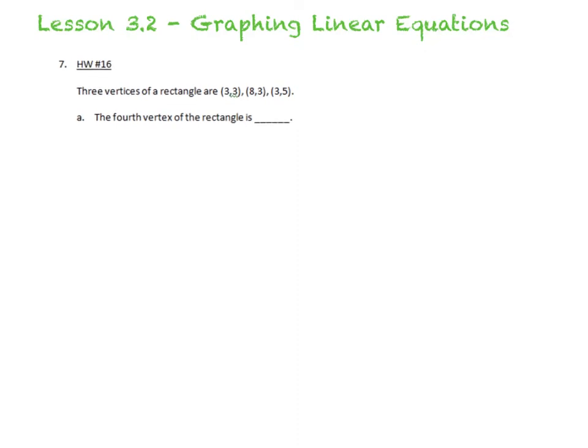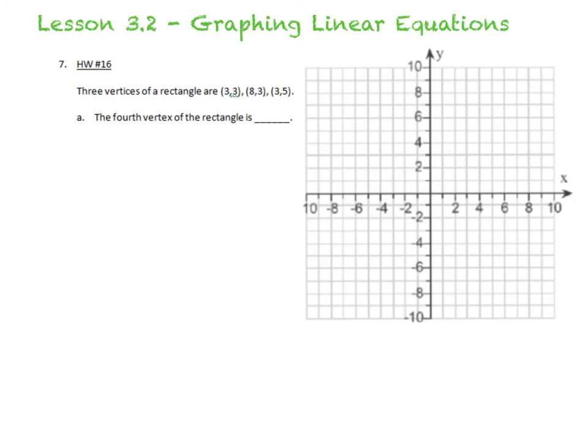It says 3 vertices of a rectangle are (3, 3), (8, 3), and (3, 5). The fourth vertex of the rectangle is. So we need to plot these points, and after you plot these 3 points, it should be easy. So the first point, (3, 3), is right there. (8, 3), over 8 up 3, is there.